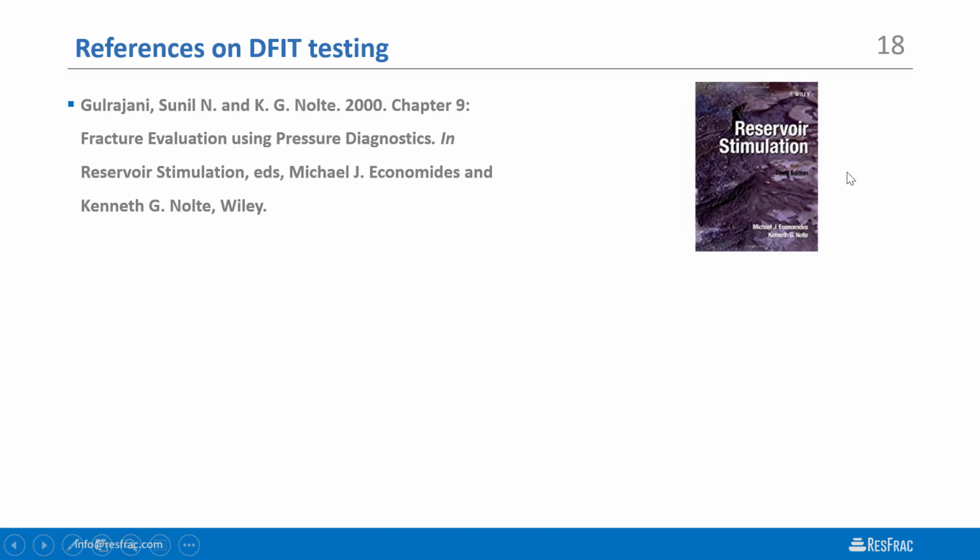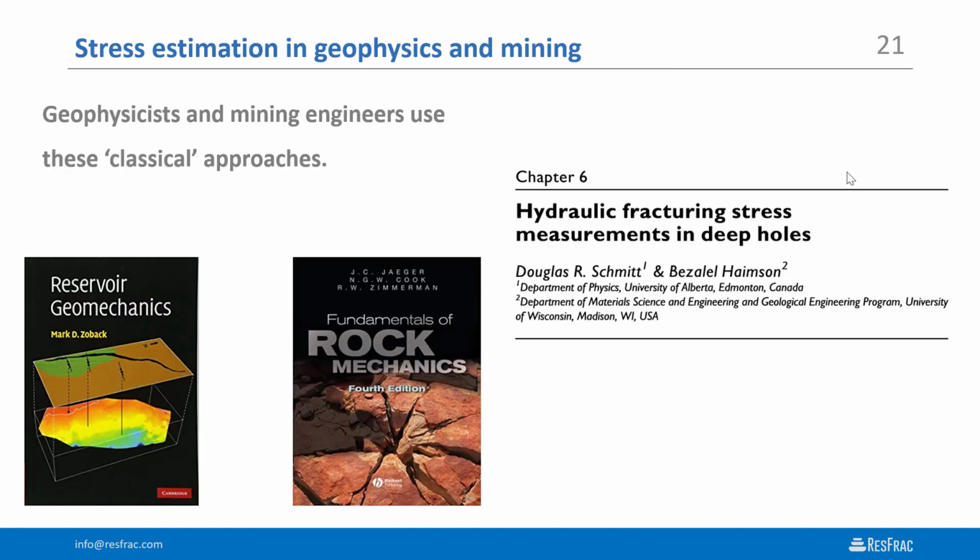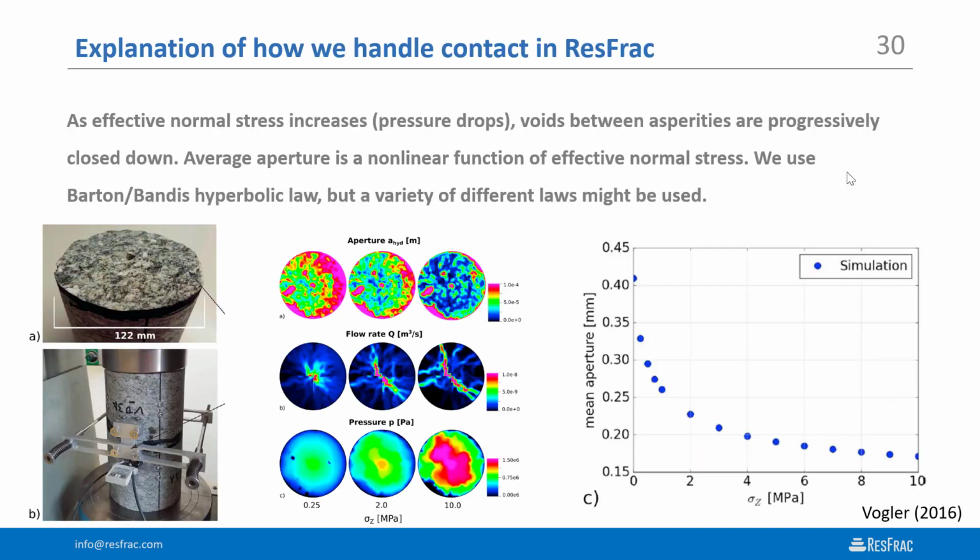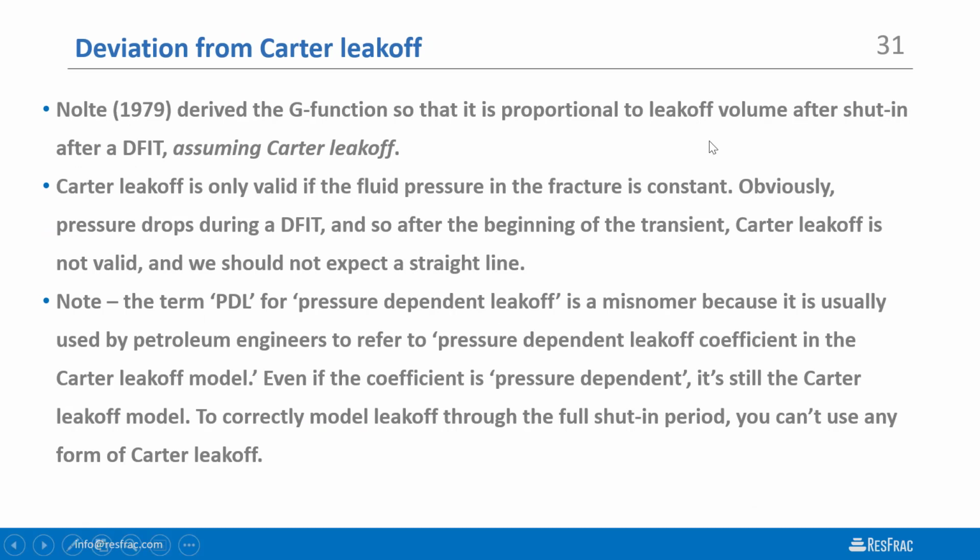They have a really nice explanation of exactly where that comes from. It's probably clearer than the original Nolte papers. It's written in more of an educational style than some of the SPE papers, so it's a really good reference. All right. But underlying that derivation is the assumption of Carter leakoff.